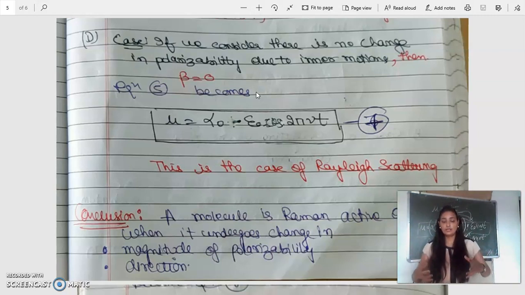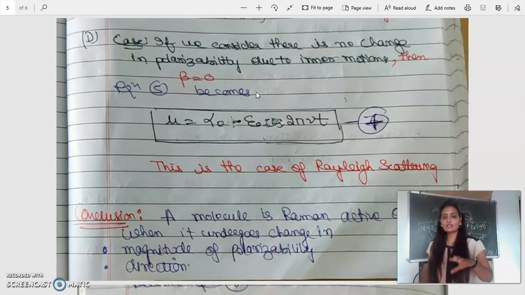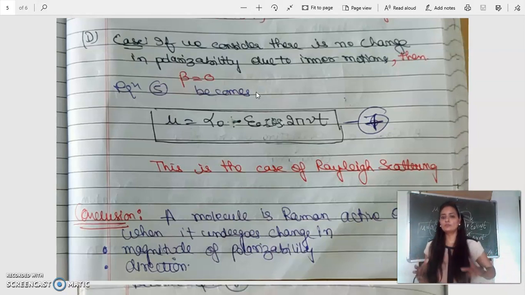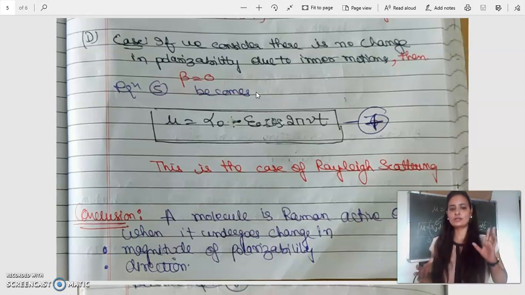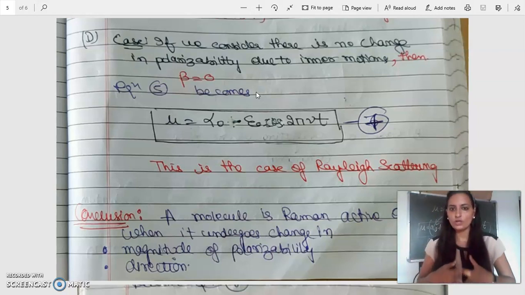The magnitude of polarizability, and moreover the direction, also affect the Raman effect. So direction and magnitude of polarizability, both these factors, will depict whether your molecule is Raman active or Raman inactive. So this was all about the polarizability in detail.